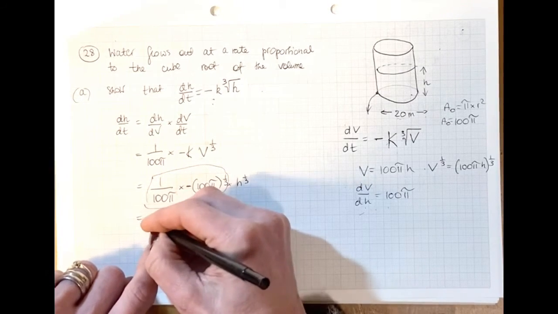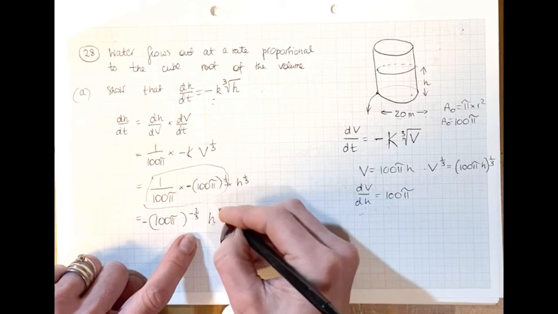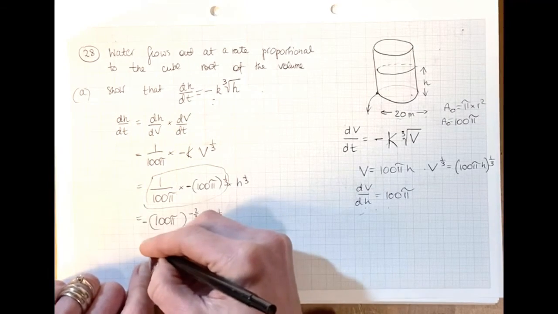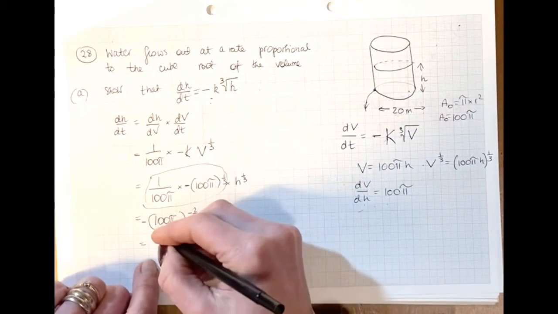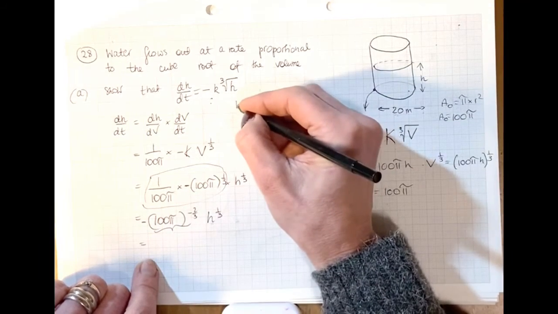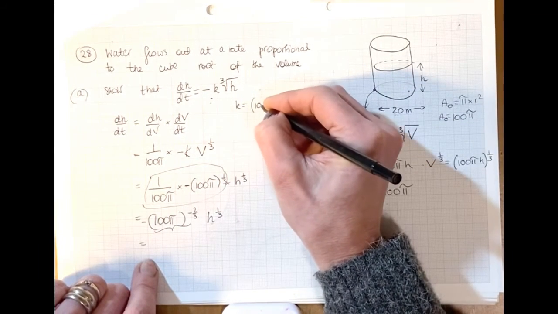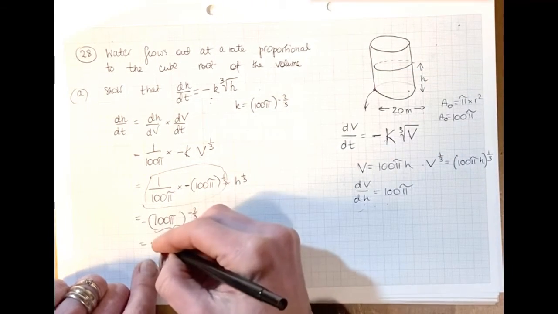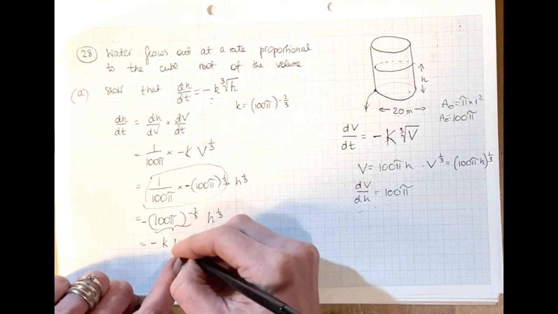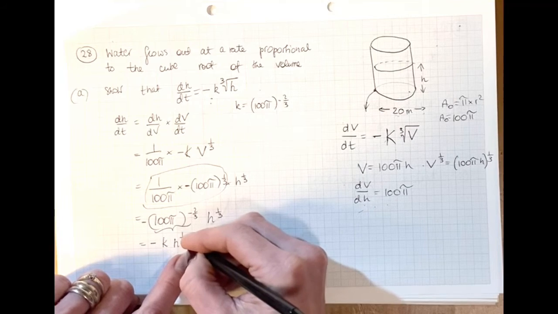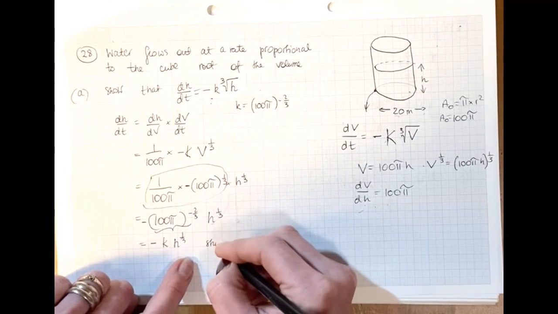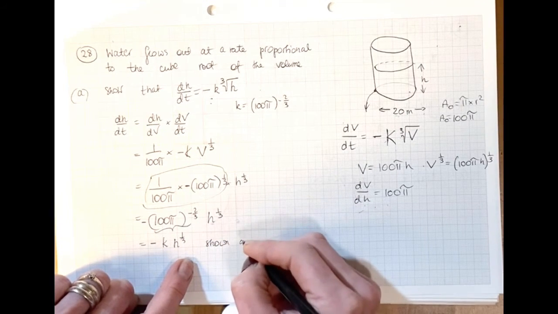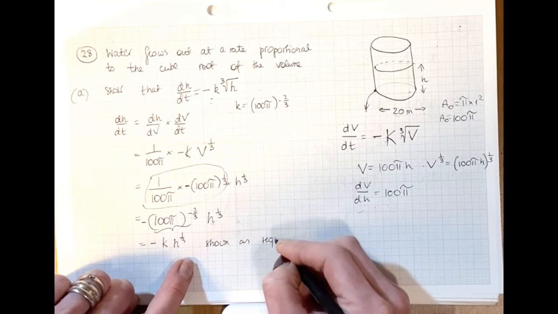There's a minus in front, h to the power of a third. So this is going to be their k, with k equal to 100 pi to the power of minus 2/3. This can be replaced with minus k h to the power of a third. So that's been shown as required.